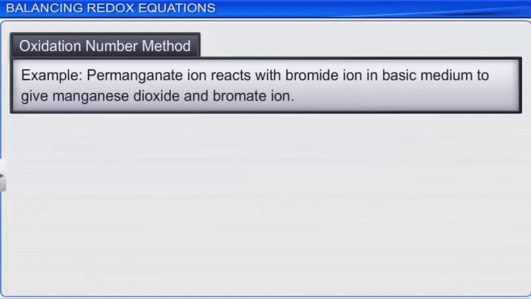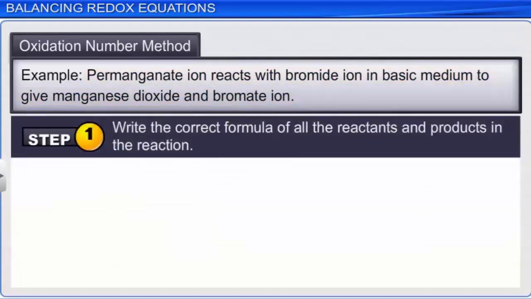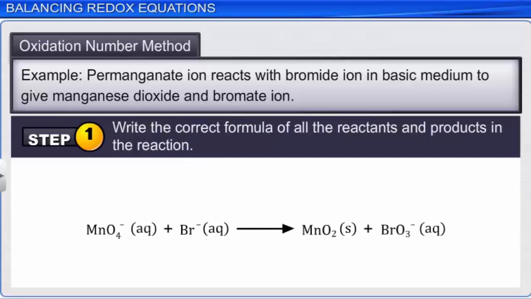In this reaction, permanganate ion reacts with bromide ion in basic medium to give manganese dioxide and bromate ion. In the first step, write down the correct formula of all the reactants and products in the reaction.